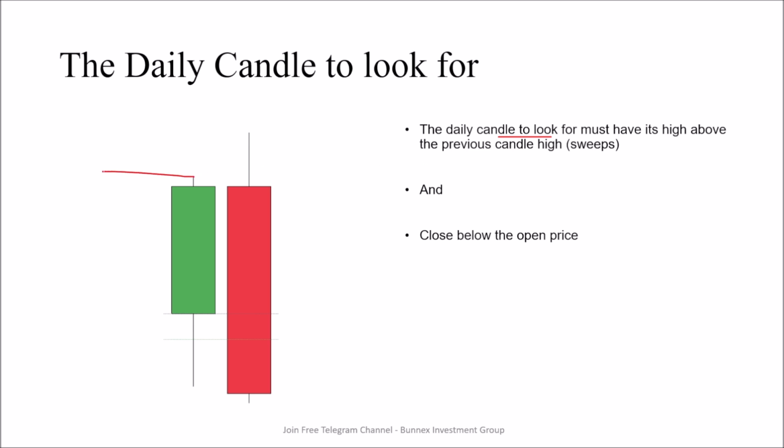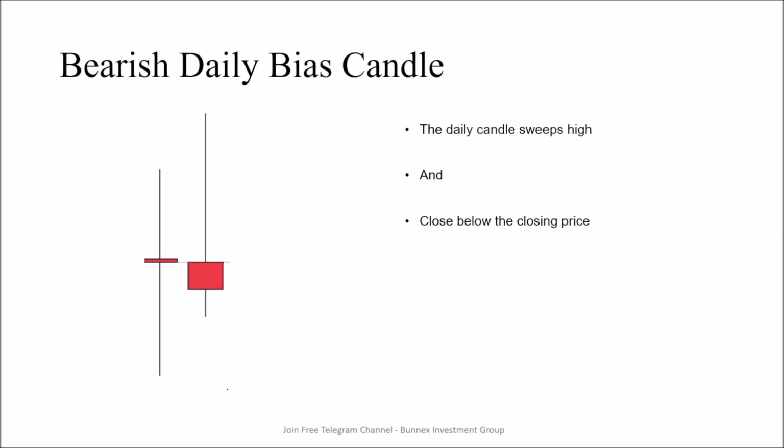So we can see this is a candle high, this is a candle low, and the high of this particular candle is right above this particular high, and the low is actually closed right below this closing price. So we are saying the daily candle must sweep above and then close below the opening price. Like in this particular case, the closing price is right here. And this is a bearish daily candle.